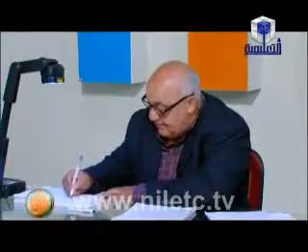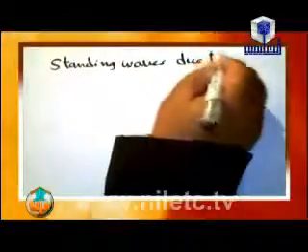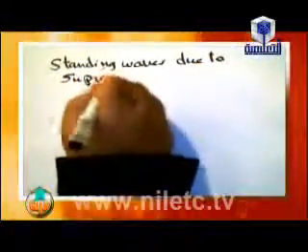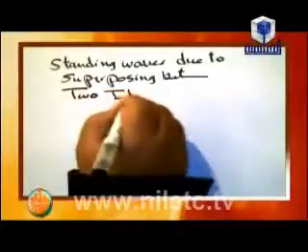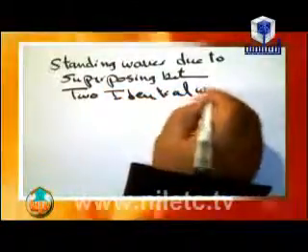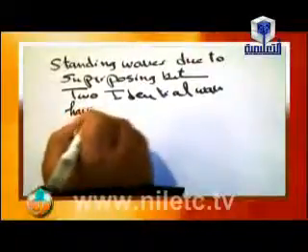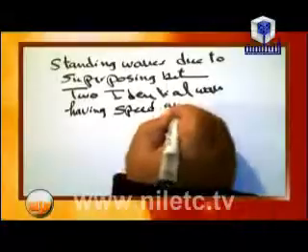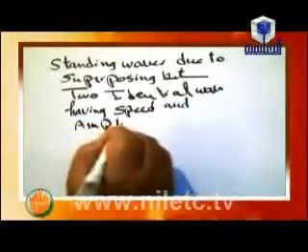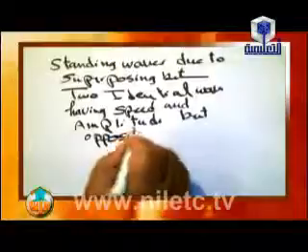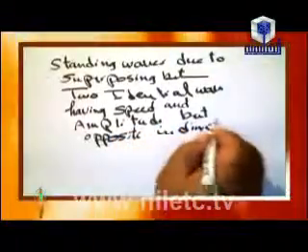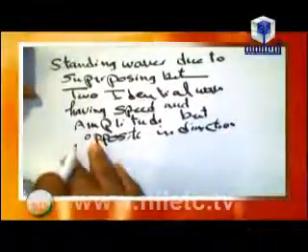Standing waves are due to superposing between two identical waves having the same speed and amplitude but opposite in direction, forming nodes and antinodes as shown in the figure.